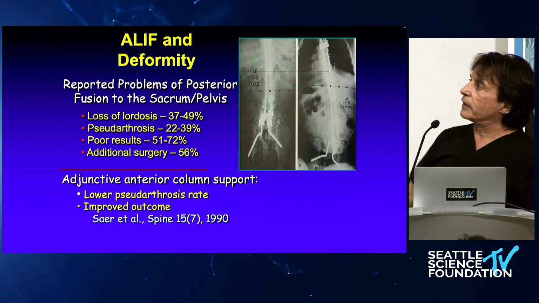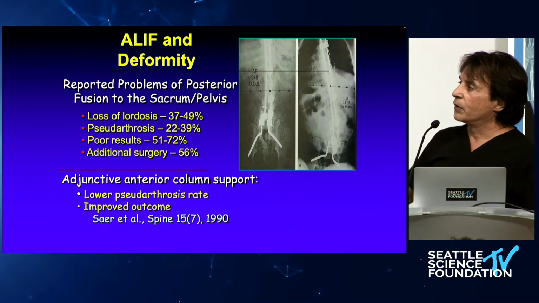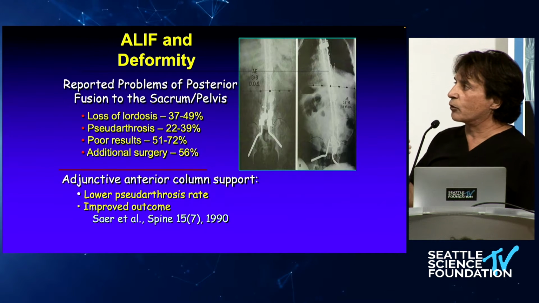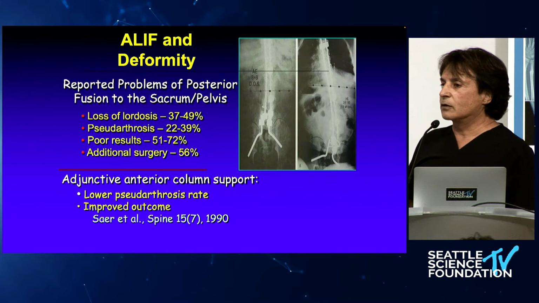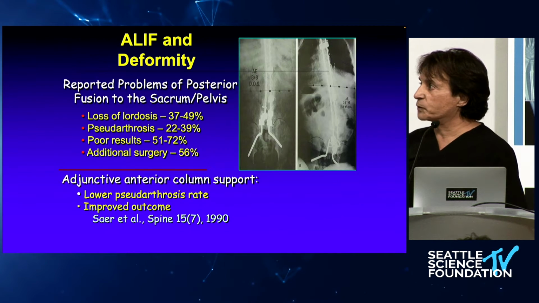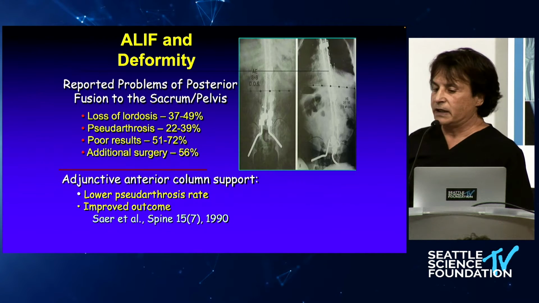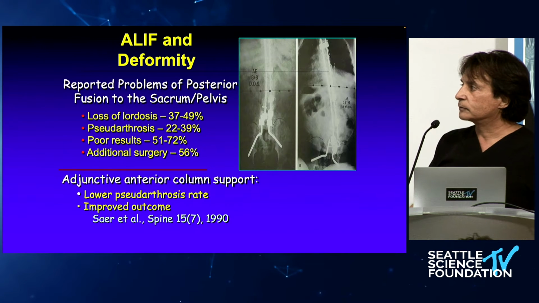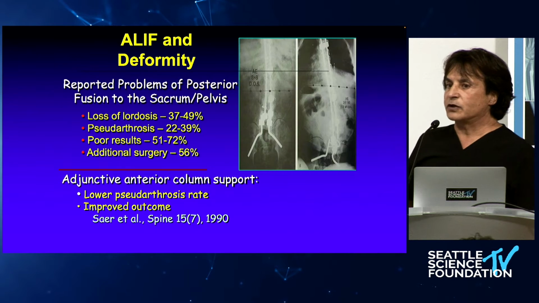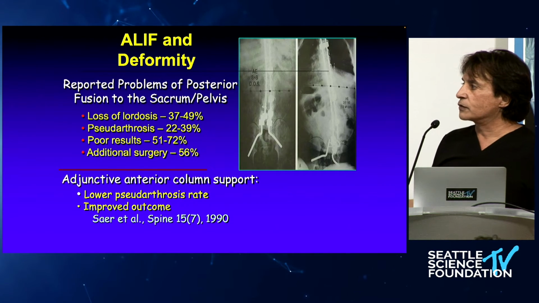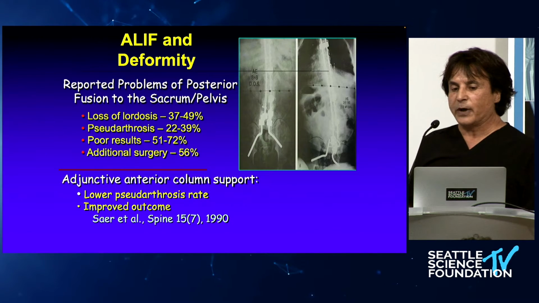So problems with deformity, with fusion to the sacrum, loss of lordosis, significant pseudoarthrosis, significant poor results, because you don't address that lumbosacral lordosis and the spinal-pelvic relationships properly from the posterior approach, and they most significantly lead to additional surgery. So if you do adjunctive anterior column support, especially in a deformity case, you get a lower pseudoarthrosis rate, improved outcomes, and improved spinal-pelvic relationships.